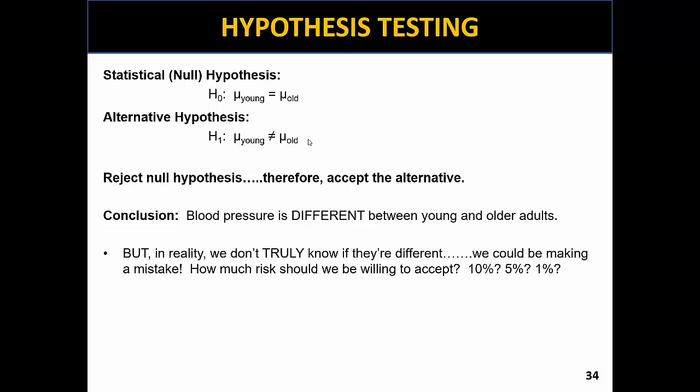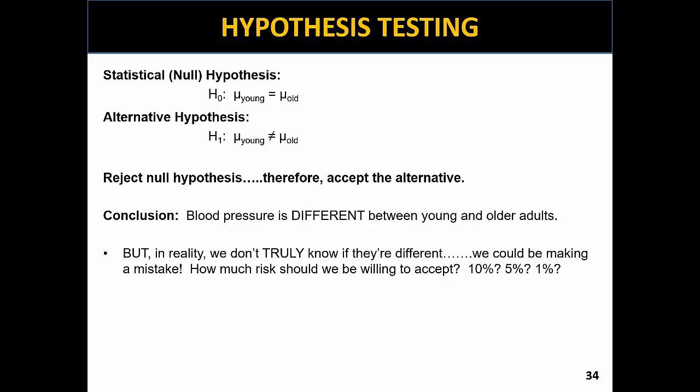However, in reality, we don't truly know if they're different in the population. We could be making that mistake. So even though our statistics based upon our sample, 20 in one group, 20 in the other group, suggest to us that they're different, we could be making that mistake of saying that there's a difference when there really is not a difference.